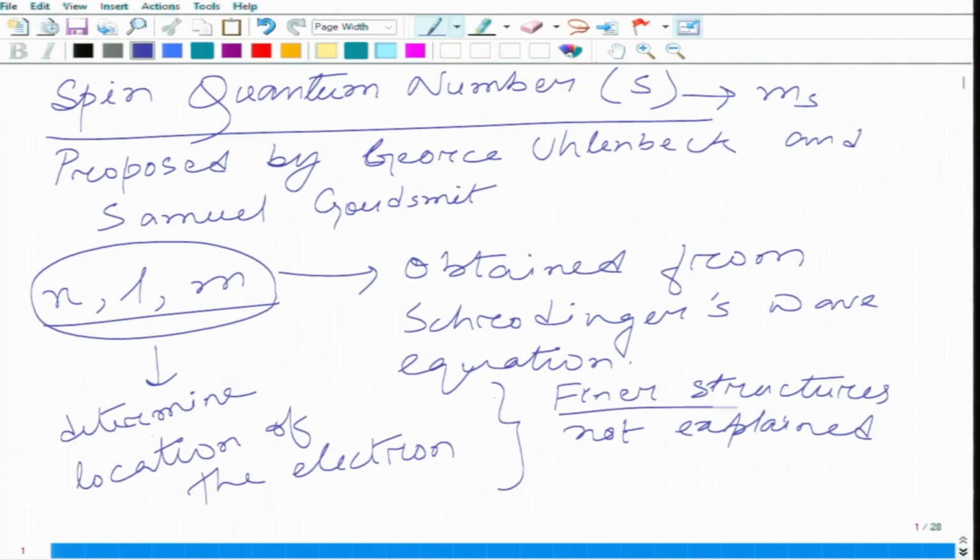To explain these finer structures, another quantum number was introduced, known as the spin quantum number. The concept is like the earth rotating around its own axis. It takes 24 hours to complete a rotation, which causes day and night. Similarly, an electron, along with revolving around the nucleus, also rotates around its own axis. That is called the spin of the electron.